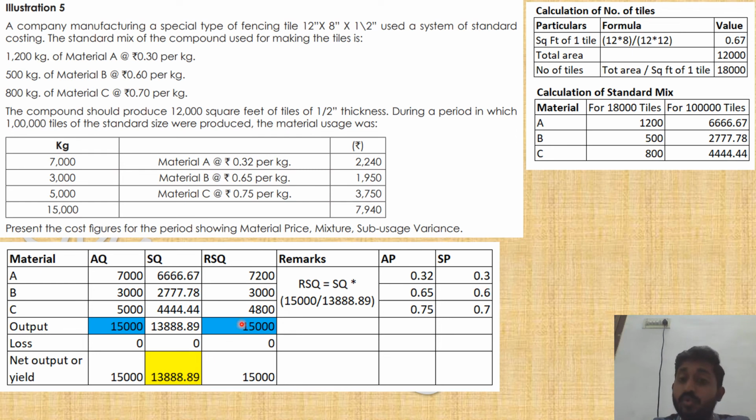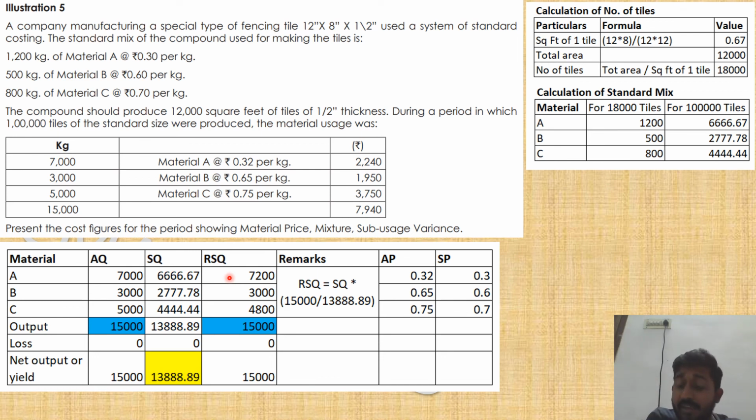Then for 15,000, what is the A required? 6,666 divided by 13,888 multiplied by 15,000 will give you 7,200, the quantity of A, and similarly B and C. So the formula is: standard quantity divided by net output of the standard quantity, multiplied by the net quantity or yield of the revised standard quantity. This is a very simple formula to find the revised standard quantity.